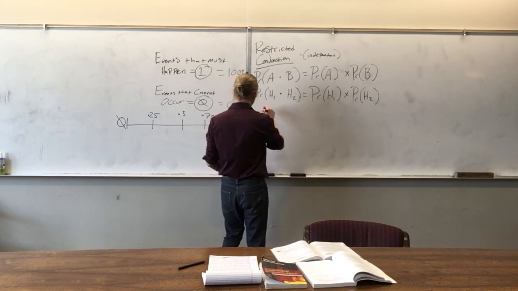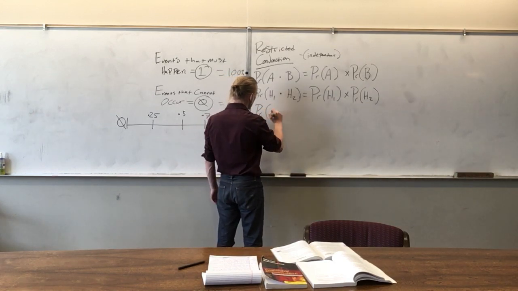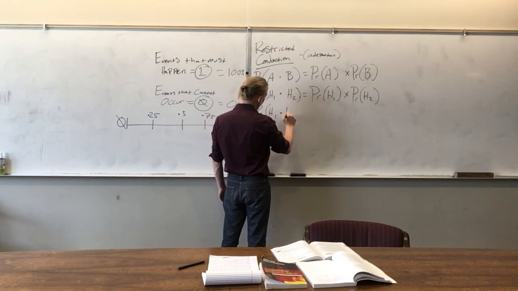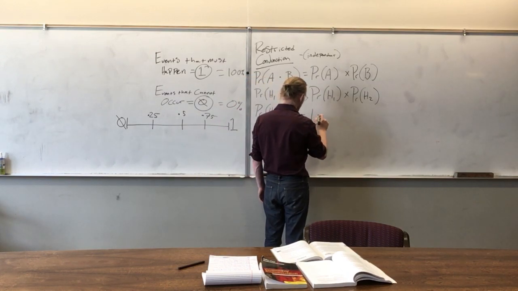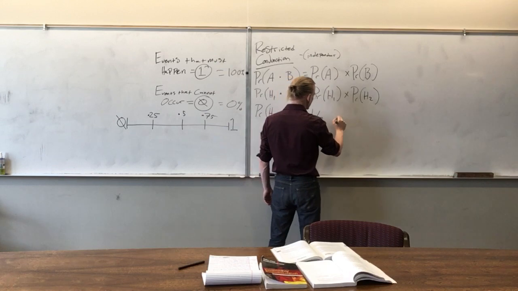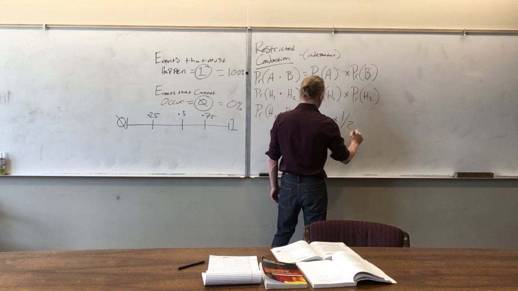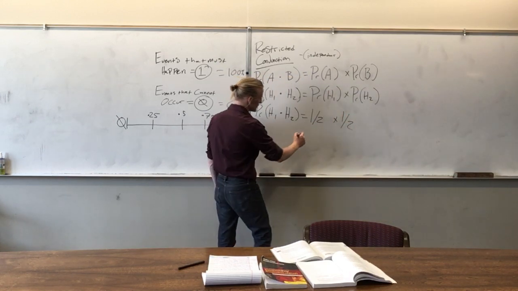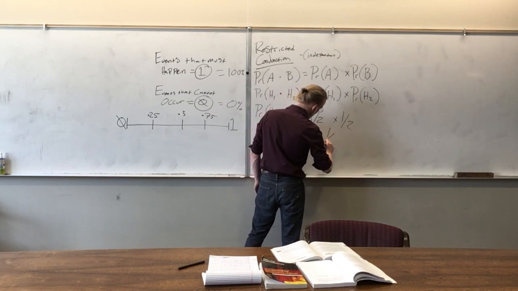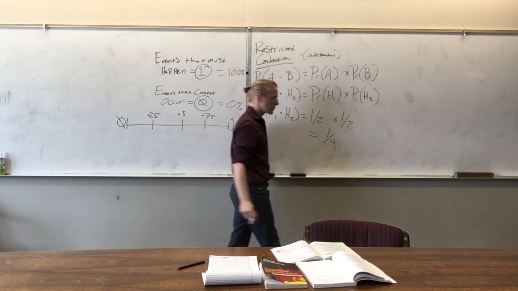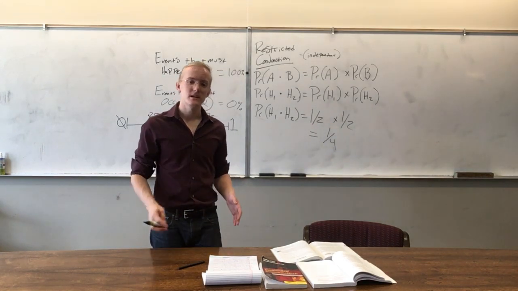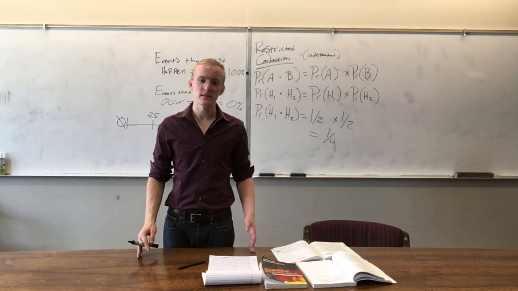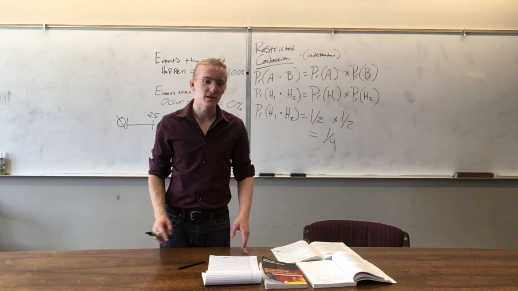So what we do is we write probability of H1 and H2 equals 1/2 times 1/2, which equals 1/4, or 0.25. So the probability of getting two heads on a fair coin in a row is 0.25.